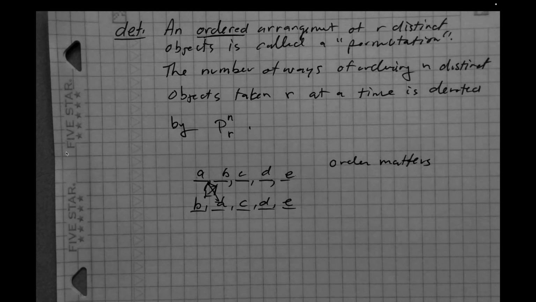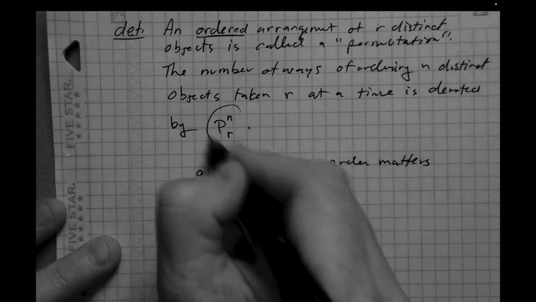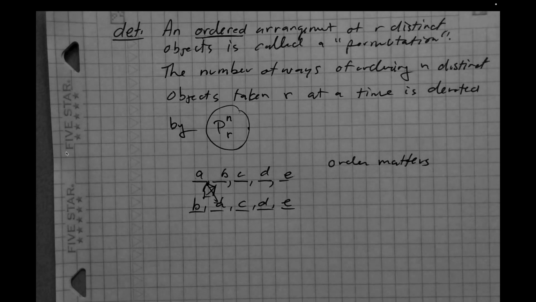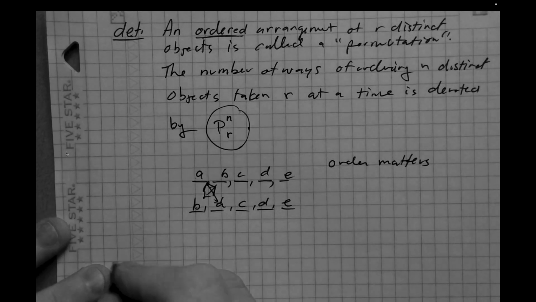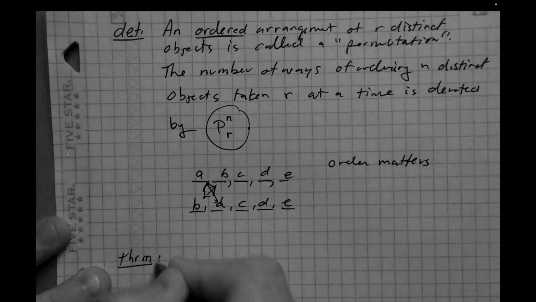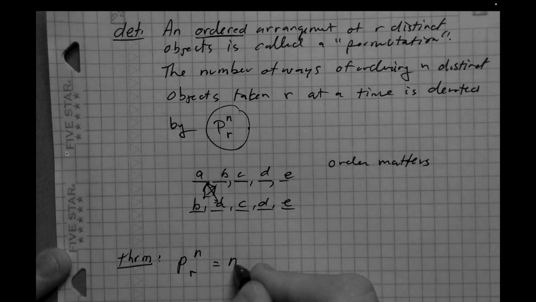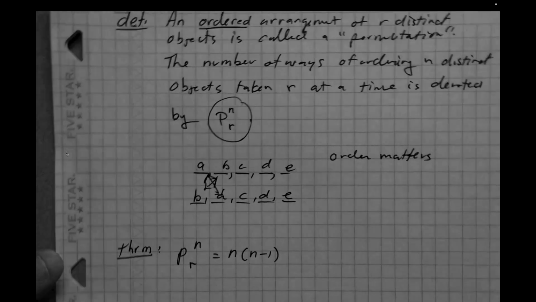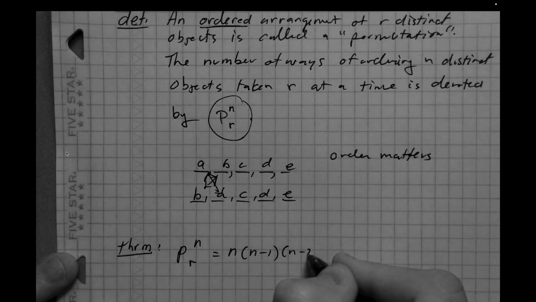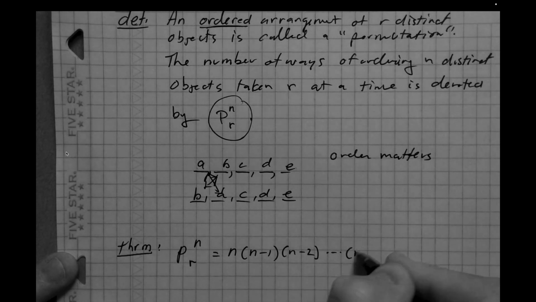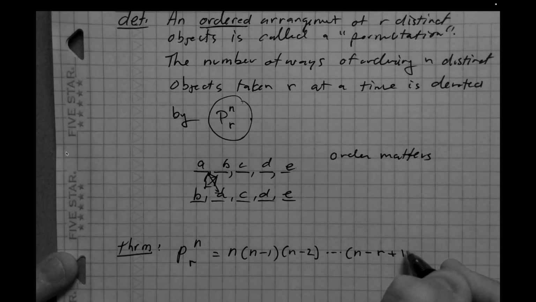Now, the further question would be: how do we know what this number is, this P(n,r)? This is n objects permuted r at a time. So what is this number? Well, that's the subject of our next theorem. P(n,r) is equal to n times n minus 1 times n minus 2 dot dot dot n minus r plus 1.